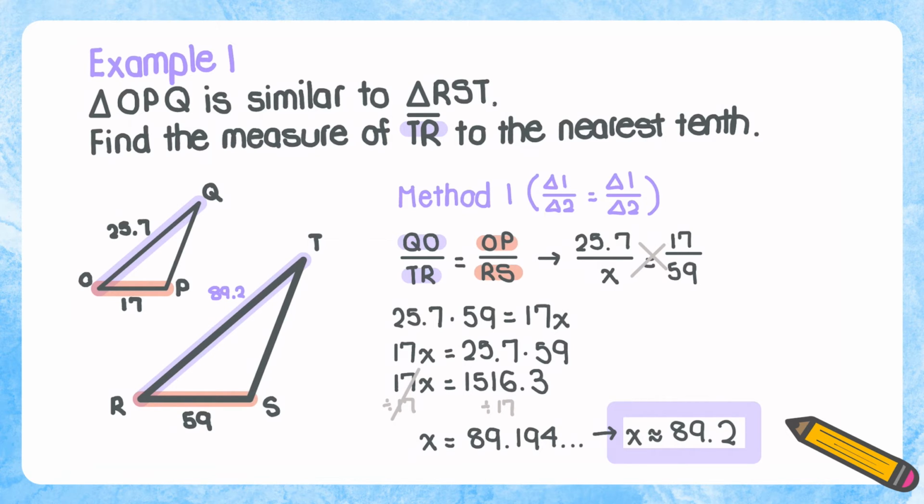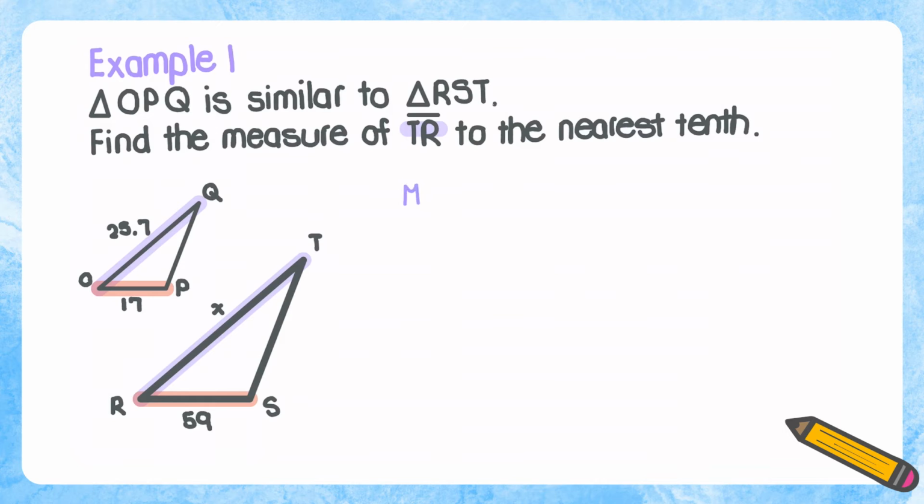Now let's go ahead and try out the same example using the second method. For the second method, we're going to be batching by triangles. On the left side, we'll have the information for triangle 1, and on the right side, we'll have the information for triangle 2. So I have side QO over side OP. These are the sides in the first triangle.